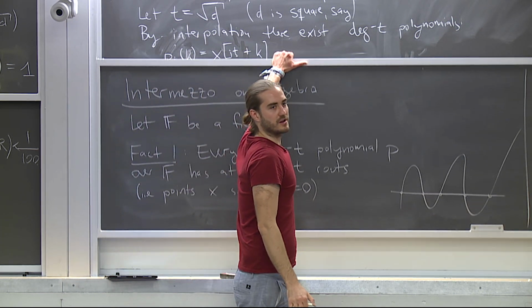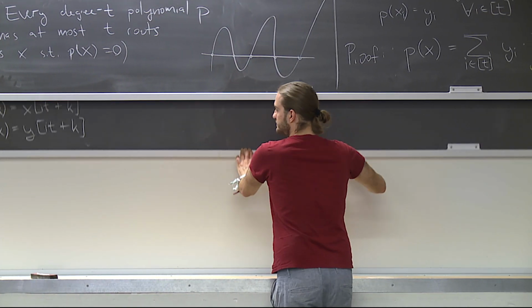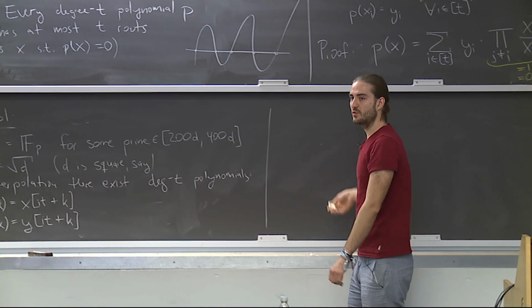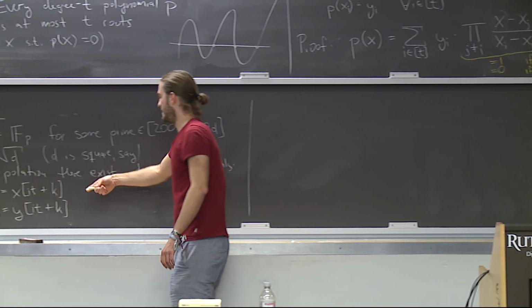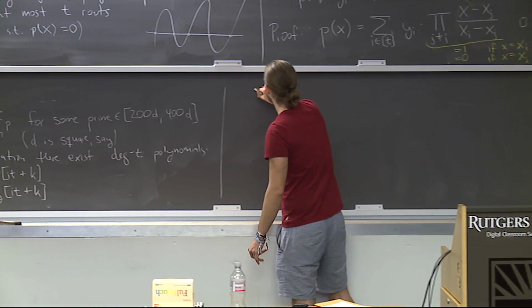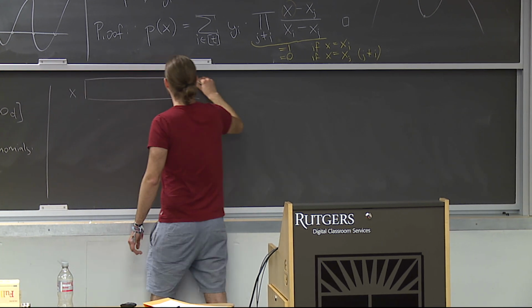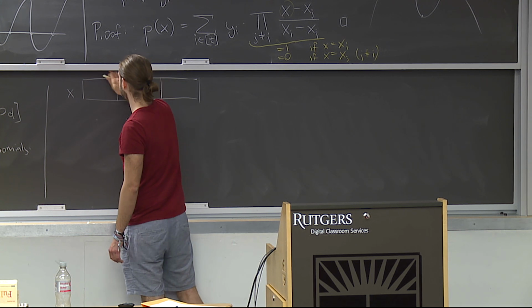It's a little bit abstract. I'm going to draw a picture. So what do we do? We take a vector x. By the way, x and y are the inputs of Alice and Bob. Take Alice's input, view it as a bit string, and we chop it into t parts of size t.